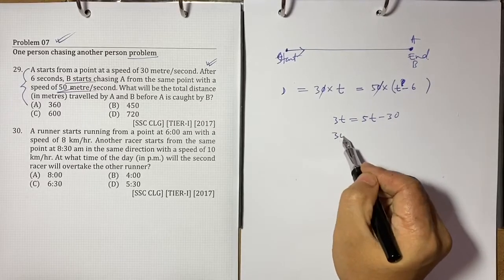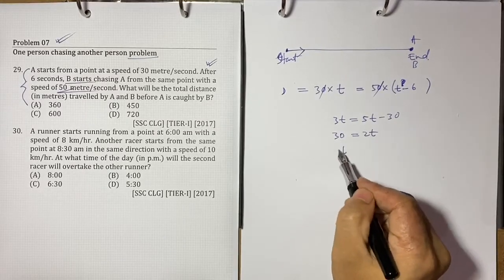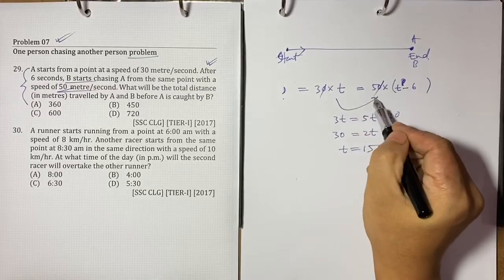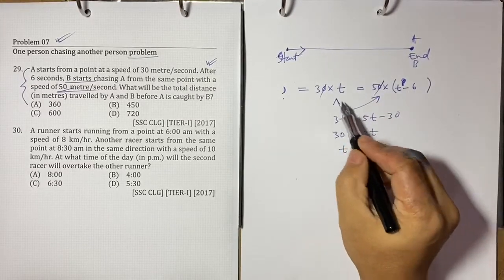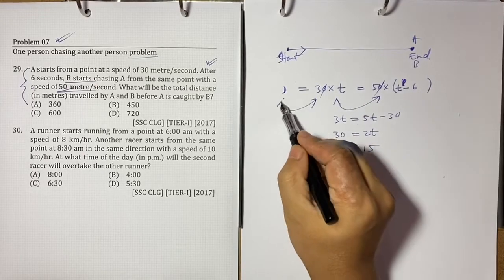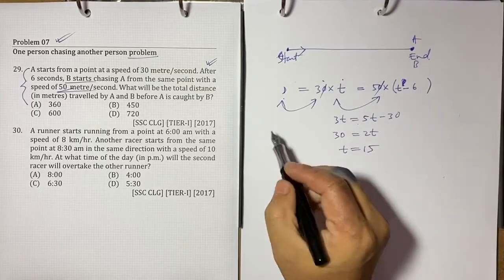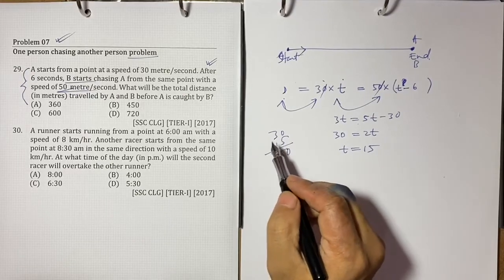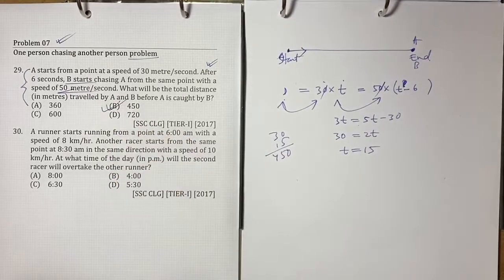Take the terms across: 30 equals 2t. T equals 15. The question asks for distance, so distance is 30 into 15, which is 450. 450 is the answer.